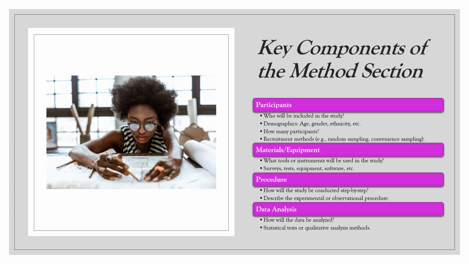For materials and equipment, what tools you'll use, such as surveys, assessments, or specific software. Procedure, the steps you'll follow during data collection, explaining exactly what happens during the study. Data analysis, how you plan to process and interpret the data you collect and which statistical or qualitative methods you will use.